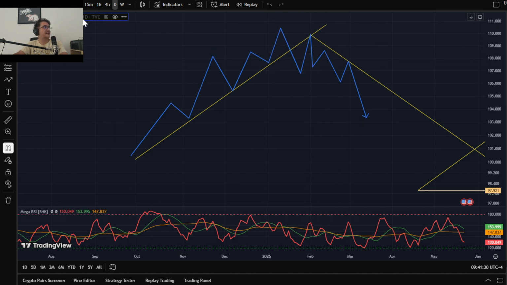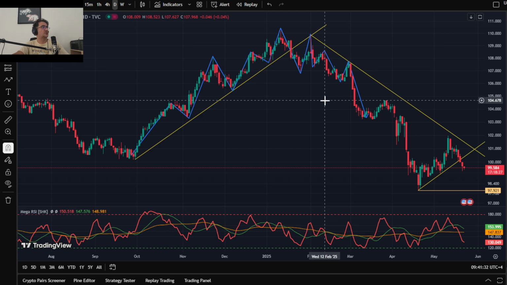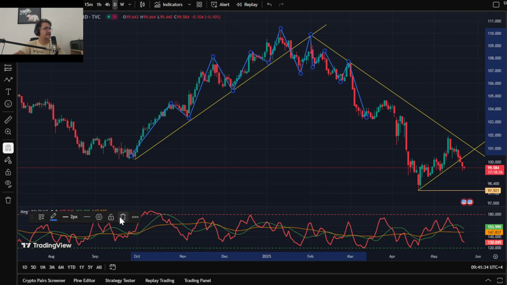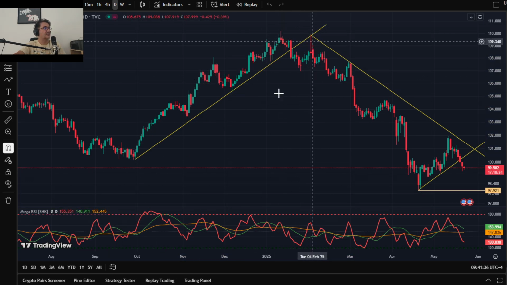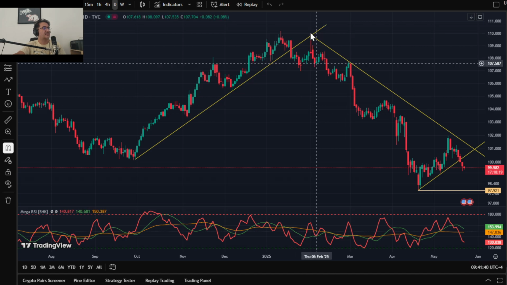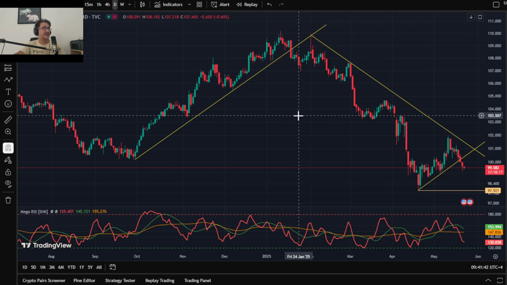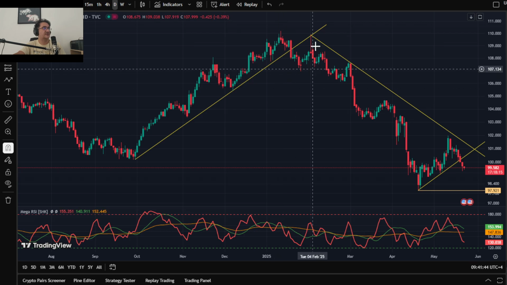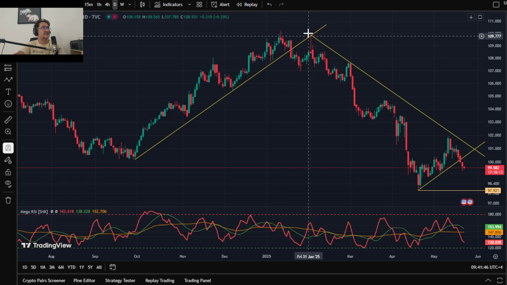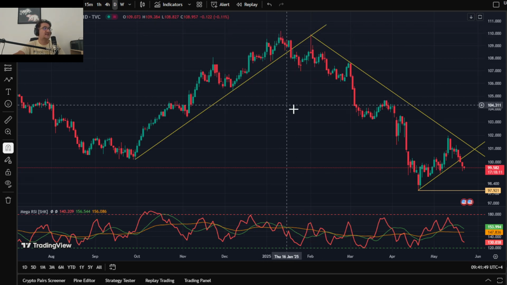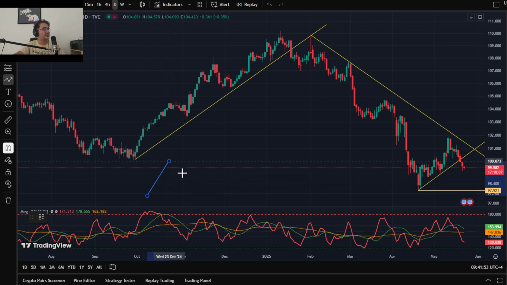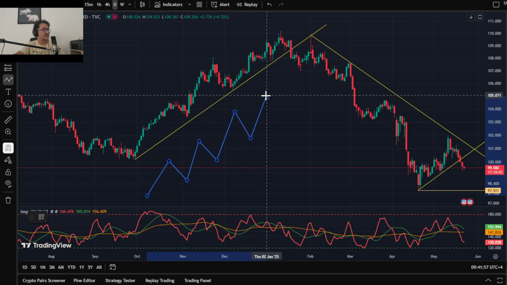That was a very, very perfect pullback. Actually, let me delete this now, and you see that that was a really perfect pullback. Later in our next sessions, I will tell you where this pullback can end, but any attempt to reach the trend line would be good for us.